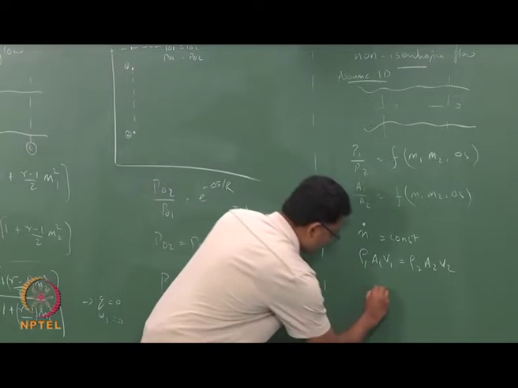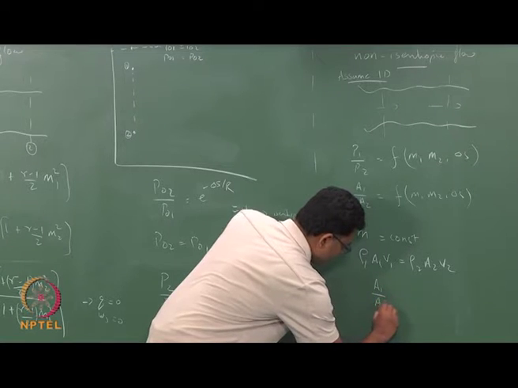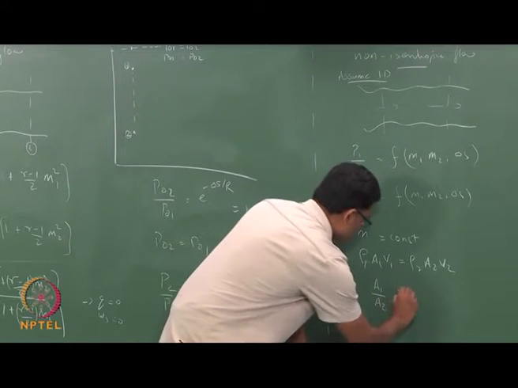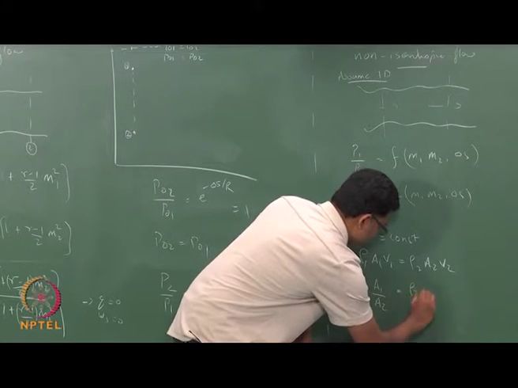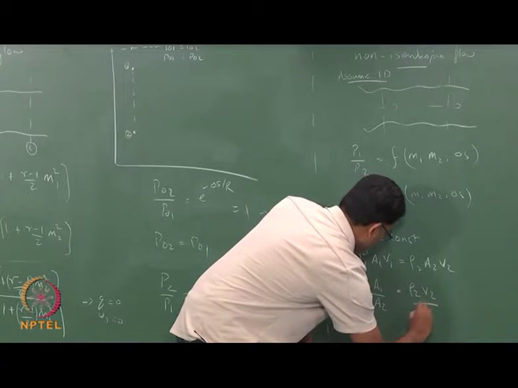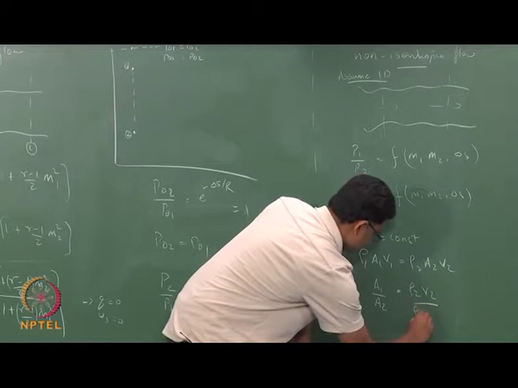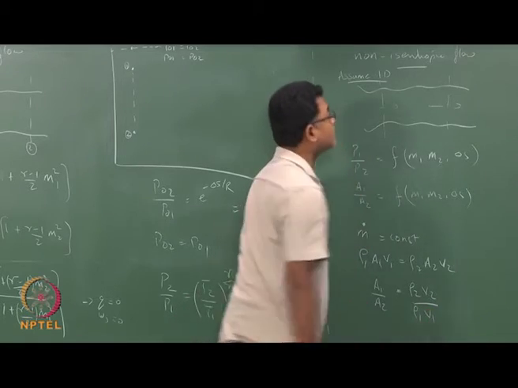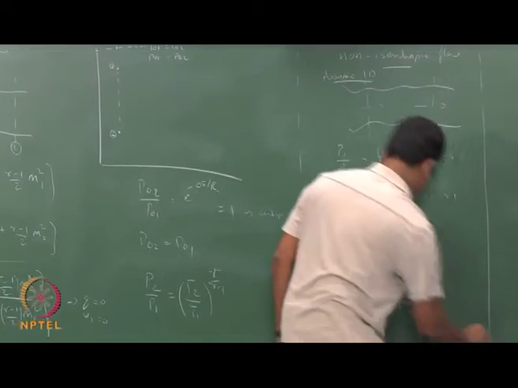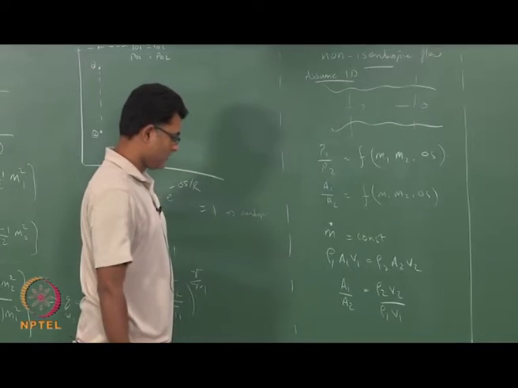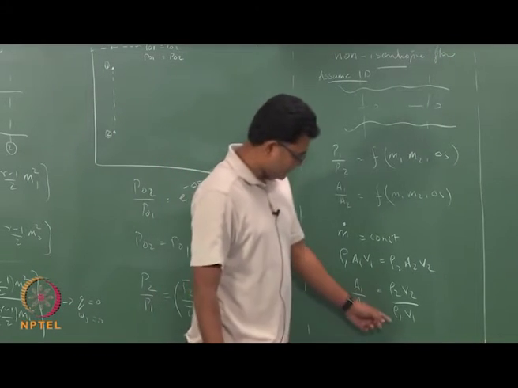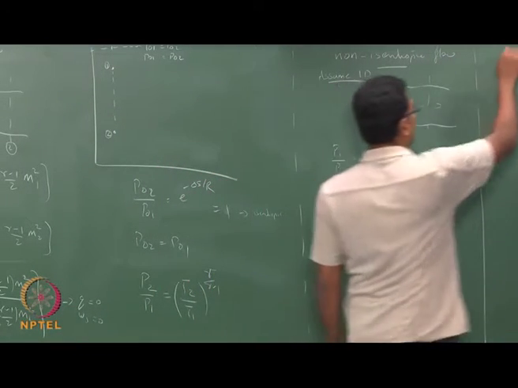So, if I want to find A1 by A2, I would write rho 2 V2 by rho 1 V1. Now, I substitute rho 1 and V1 from perfect gas relation.